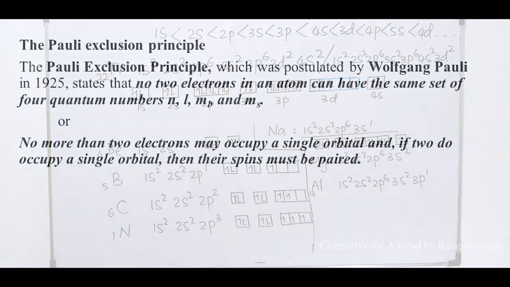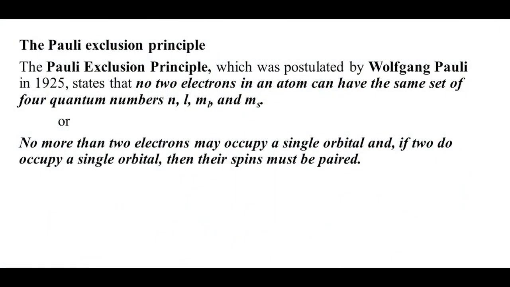Pauli's exclusion principle. Actually, Pauli's exclusion principle states that when two electrons occupy a particular atomic orbital, their spins are always opposite. That is one way of expressing Pauli's exclusion principle.